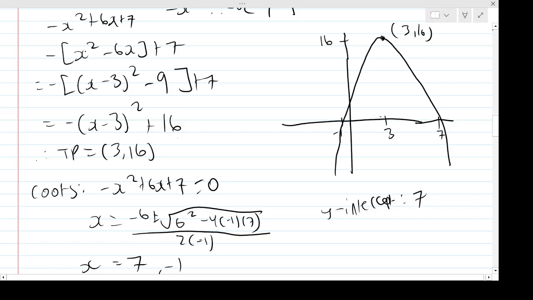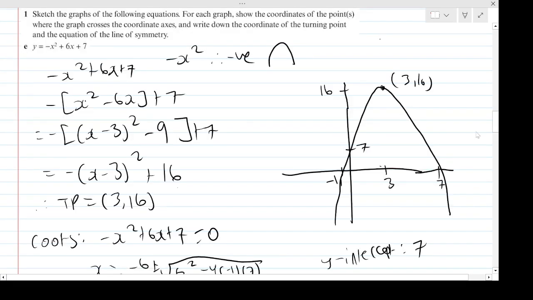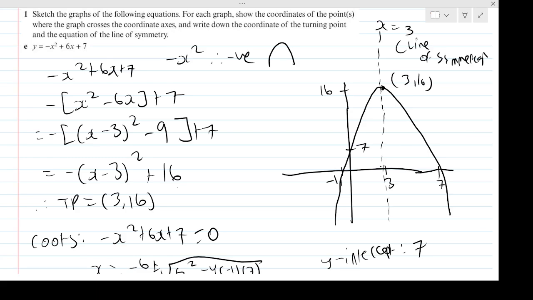Also every quadratic curve has a line of symmetry through the turning point, right? So this is my line of symmetry. The equation of the line of symmetry would be x is 3, and there we are.